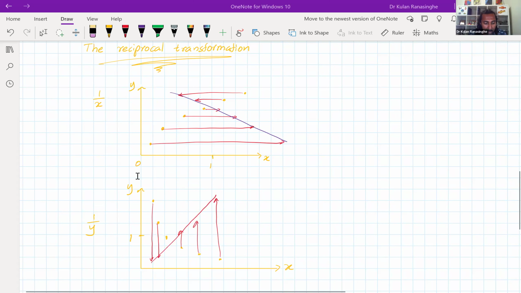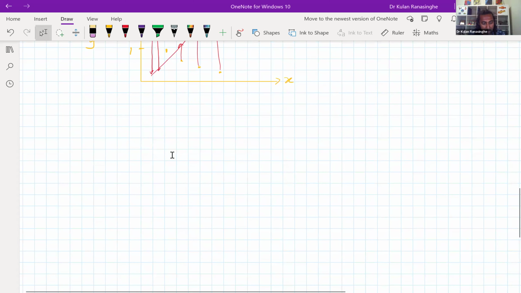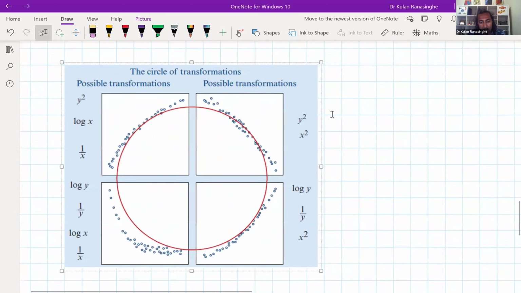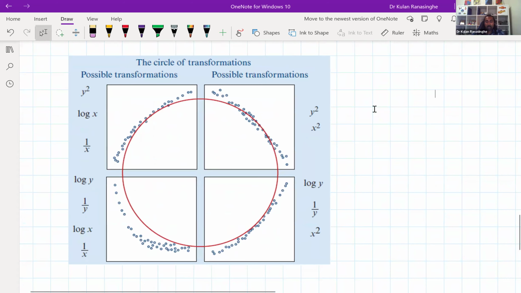Okay, now what we're going to look at is the circle of transformations. In this one, what we are looking at is understanding what transformation to apply depending on the data.